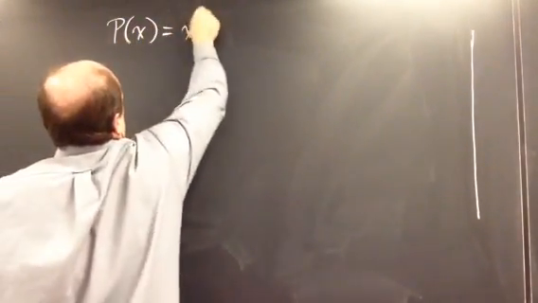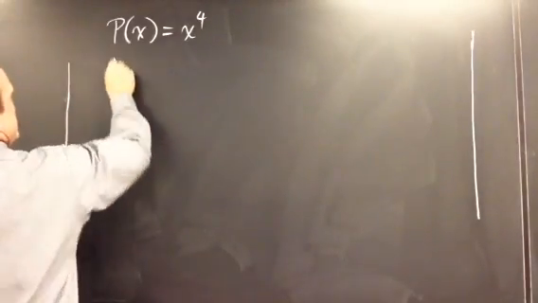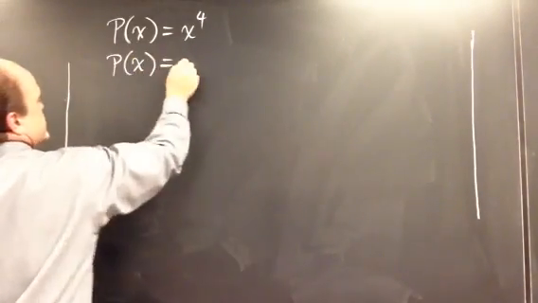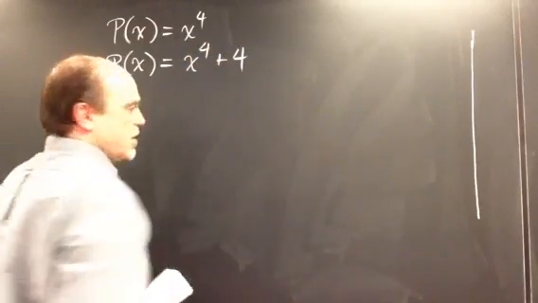Let's look at another function and figure out how it's been shifted with transformations. If we compare p of x equals x to the fourth to p of x equals x to the fourth plus 4.